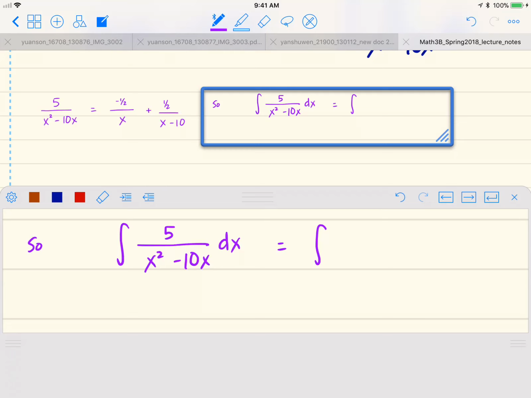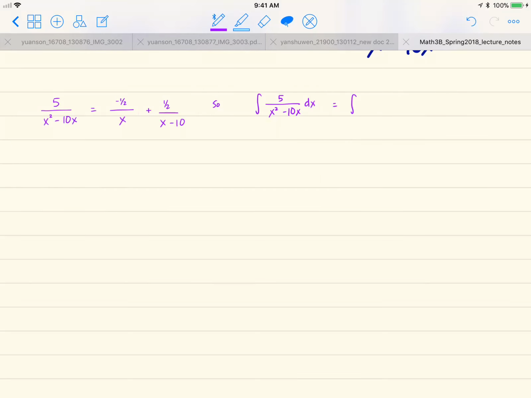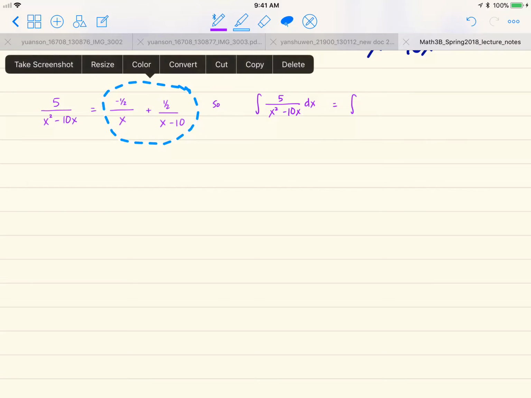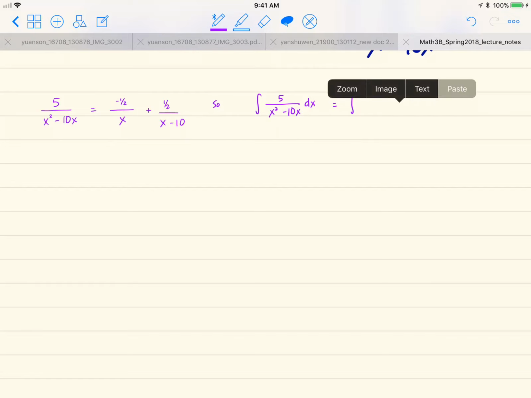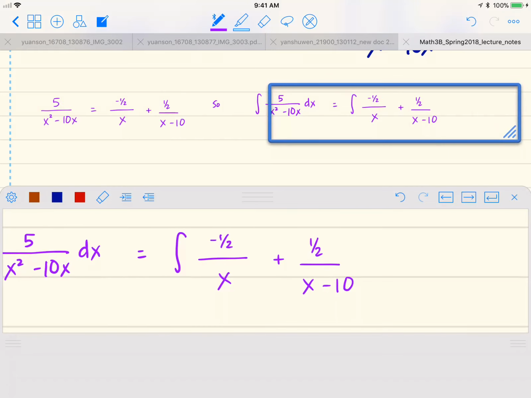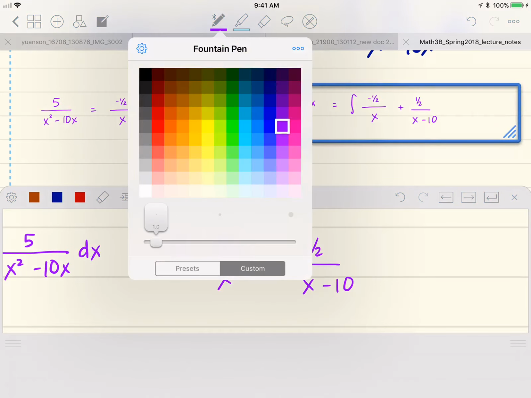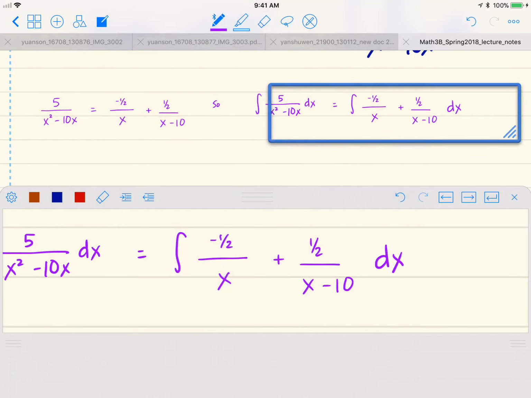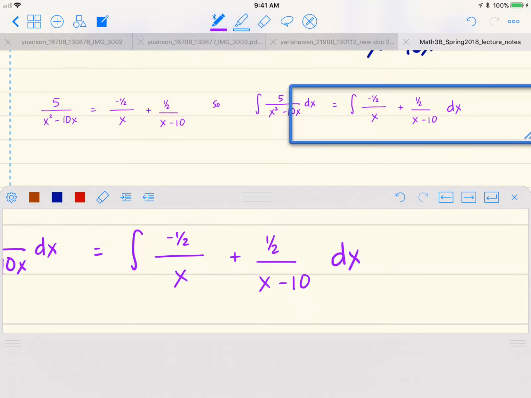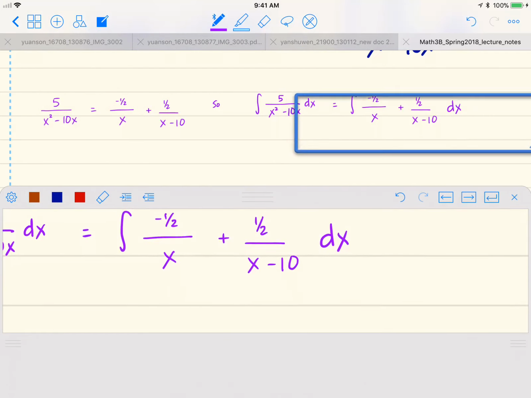This is going to be equal to the integral of, now I can actually just copy and paste this. Copy, paste. Okay. And then stick a dx on there. So now, at this point, I'm going to rewrite.